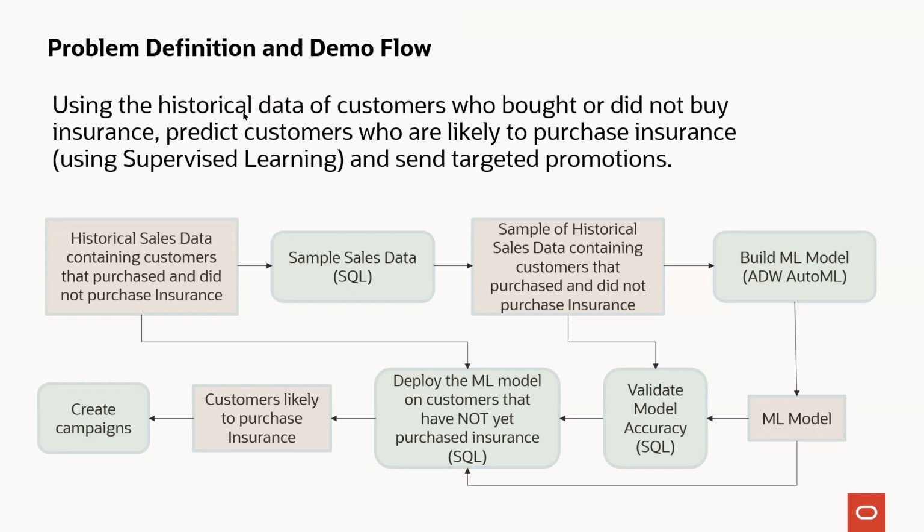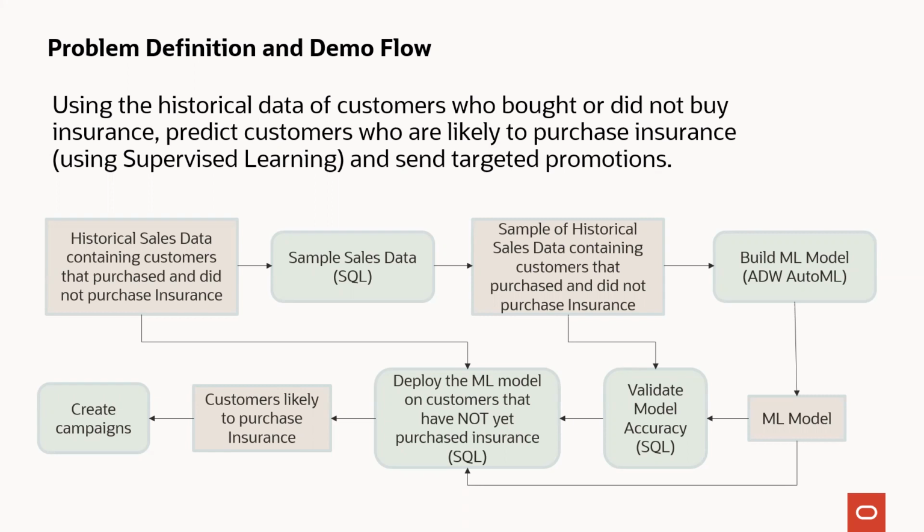Again, in machine learning, there are primarily two machine learning techniques. One is called supervised learning, wherein you present the data that this is the kind of data, these are the kind of customers that purchased the insurance. These are the types of customers that did not purchase the insurance.